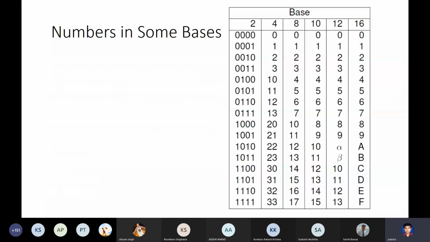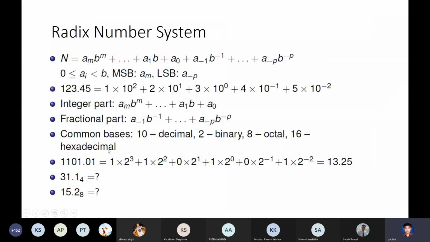So here are some examples of representing numbers in various bases. You can have bases like 2, 4, 8, 10. By the way, I talked about two more bases, octal and hexadecimal. Decimal is what human beings understand, binary is what computers understand.